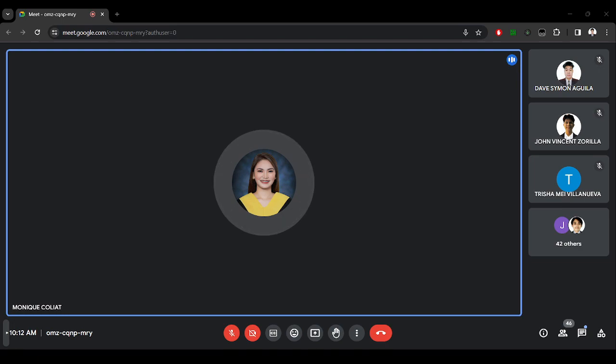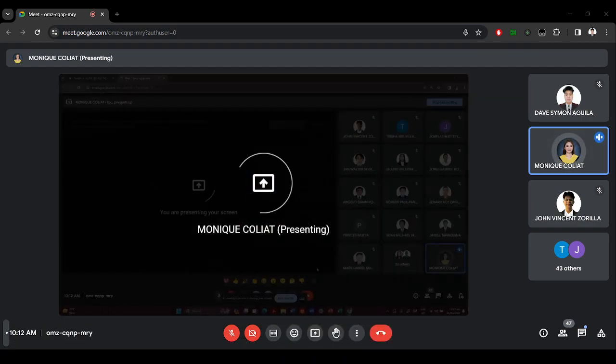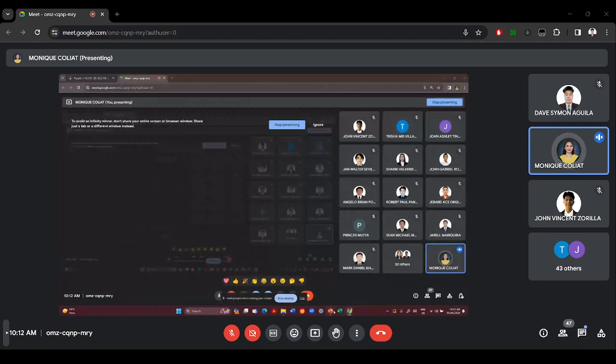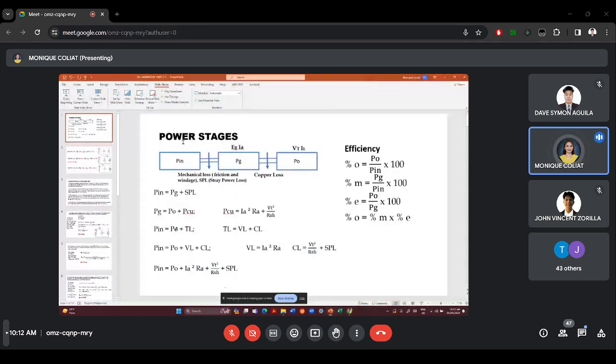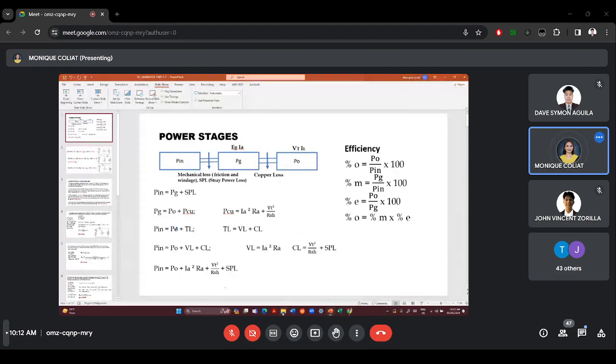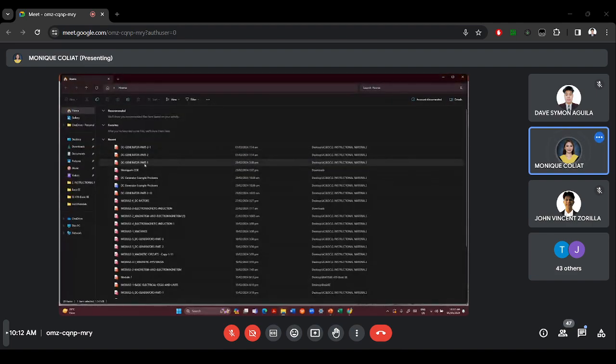Okay, so again, tatapusin na natin ngayon ang DC generator. Pagka bigla na lang ako nawala, nag-out ang aking account dito, that means walang internet. So, pakichat na lang ako sa GC. Wait lang.